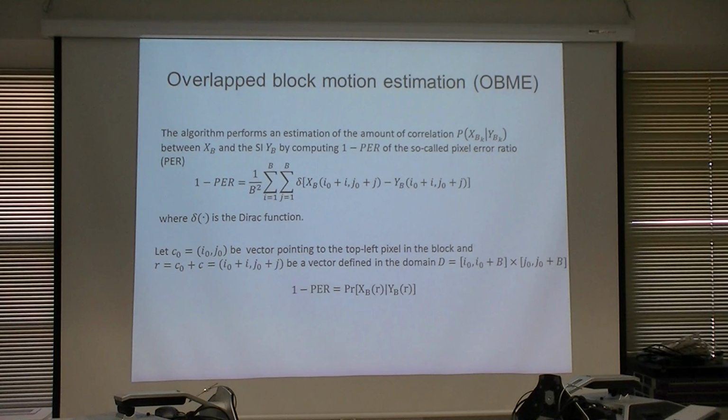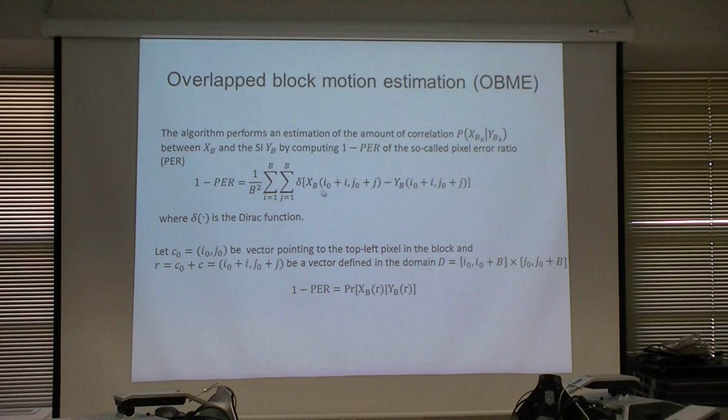So if we find a best match block in the reference frame, this algorithm performs an estimation of the correlation probability P(XB, K given Y, K) between the block XB and side information YB by computing 1 minus the pixel error rate.